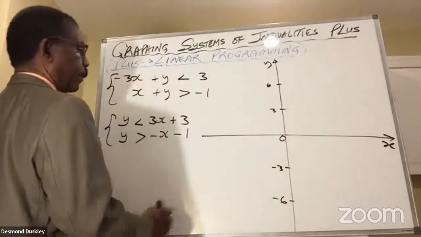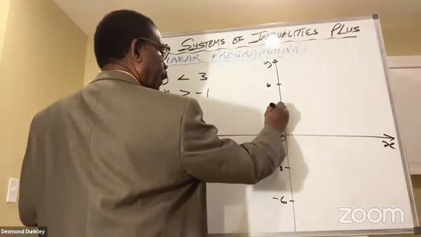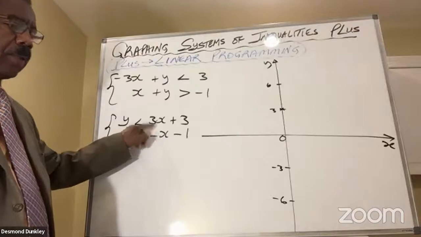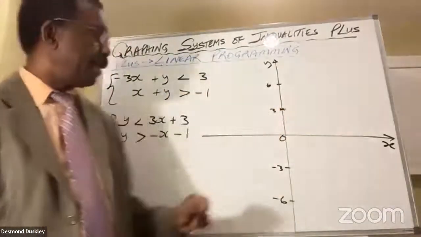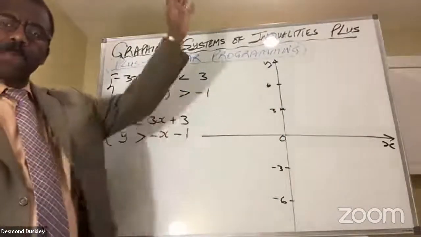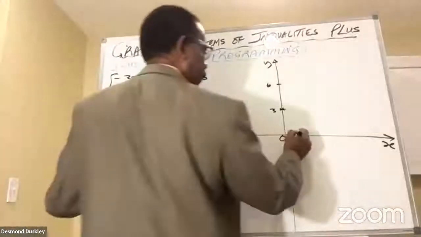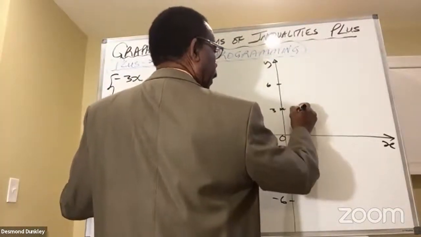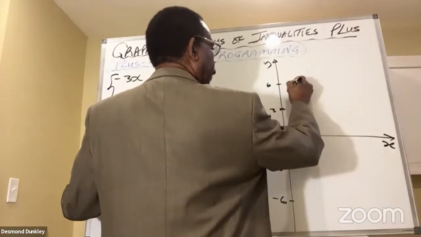Okay, so here's 1 point. And according to this, the slope is 3. So if I go across 1, I will have to go up 3. That's what the slope is. So if we call this 1, we go across 1, and we're up 3.